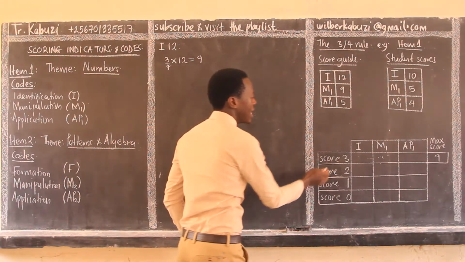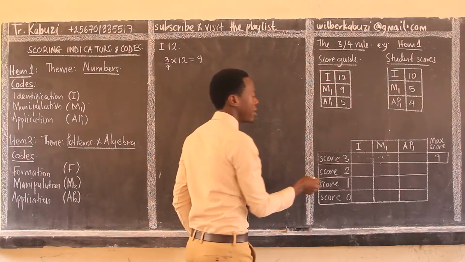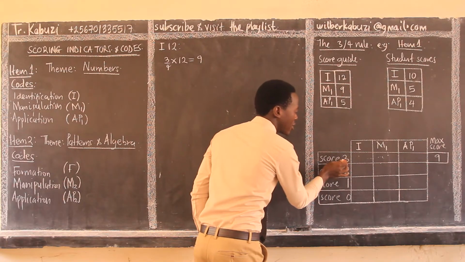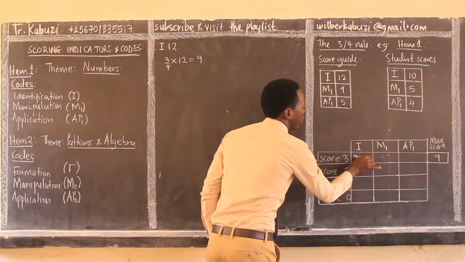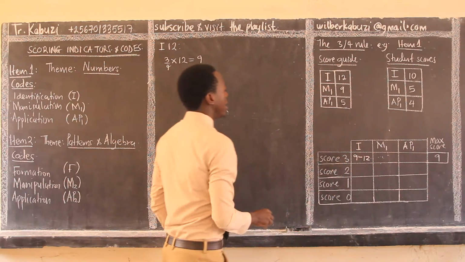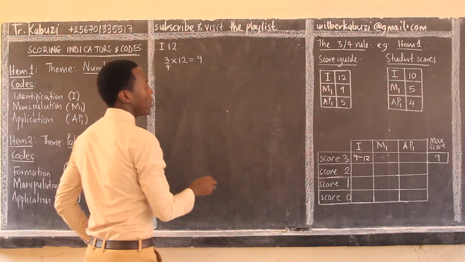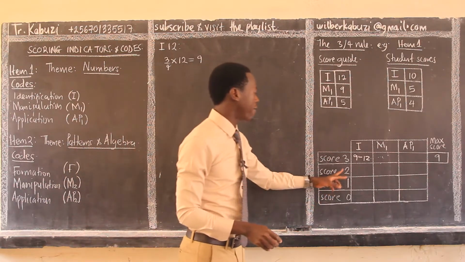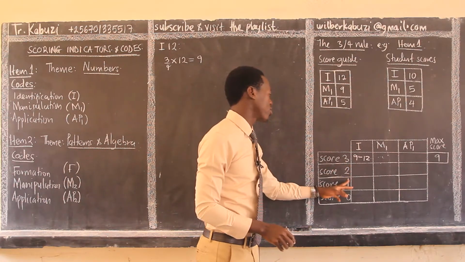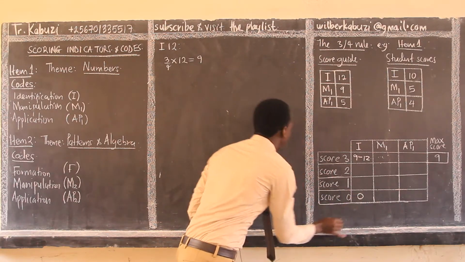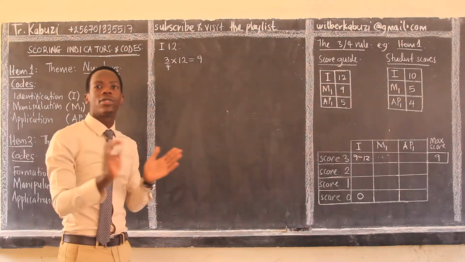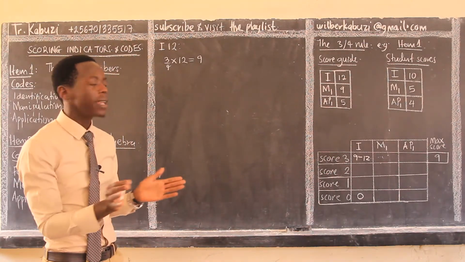Assuming my highest score is 3, someone is going to score 3 if he has 9 to 12 identifications. Then we have the levels 3, 2, 1, and then 0. Someone who scores 0 has not identified anything.